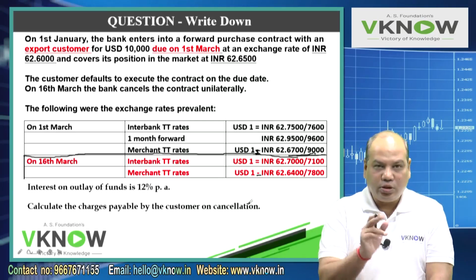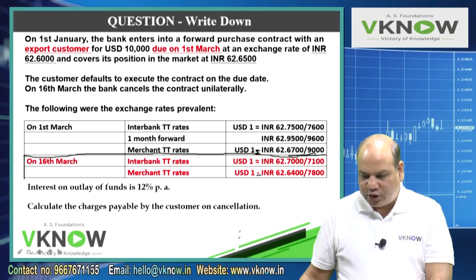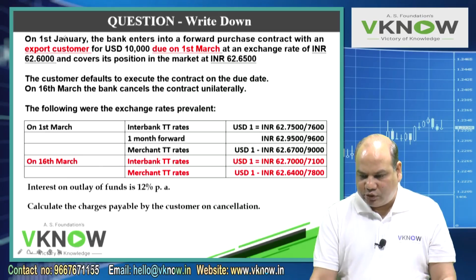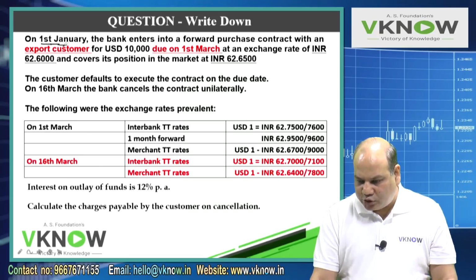Full stop. Now we will first read the question again, because right now you are busy writing. On 1st January, so now understand, very important question because it has not been asked in any of the institute's publications. On 1st January, the bank enters into a forward purchase contract.